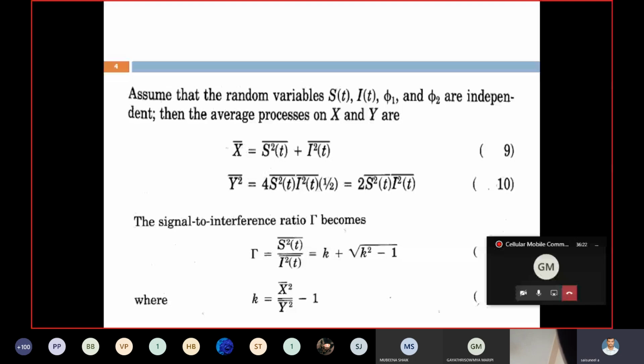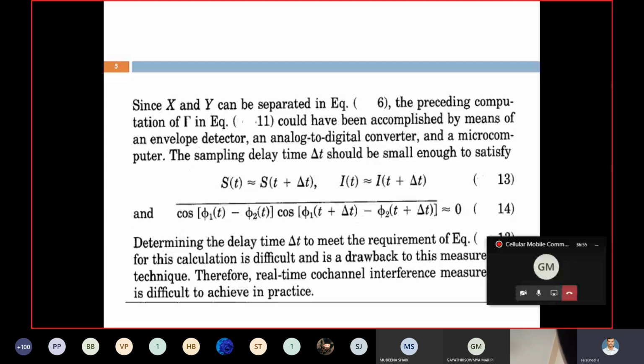After simplification, it is equal to k plus root of k square minus 1, where k is x square bar over y square bar minus 1. Just substitute here and we automatically get these equations. Once you separate x and y, you can calculate the signal to interference ratio, or carrier to interference ratio.